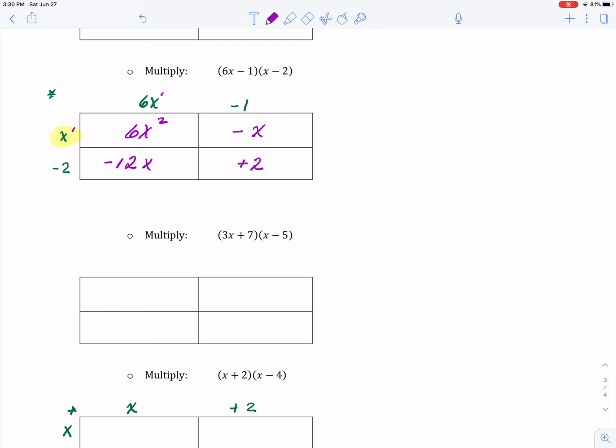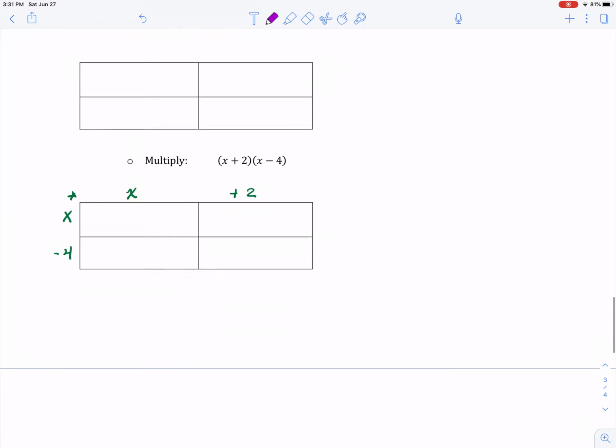And negative 2 times negative 1 is positive 2. And of course, these two are the only ones that match. So I'll end up with 6x squared minus 13x plus 2. This is a second degree trinomial with a lead coefficient of 6.